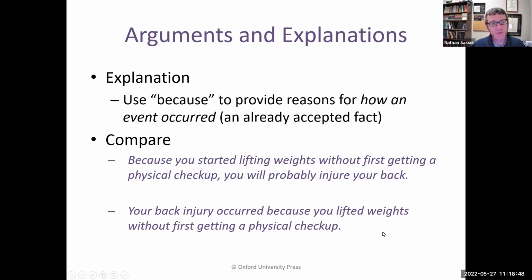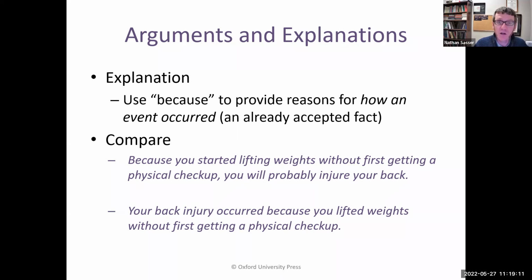Now look at the second example. Your back injury occurred because you lifted weights without first getting a physical checkup. So here it's X because Y. Now ask a question about the X statement. Your back injury occurred because. Is it taken for granted that the back injury occurred? Yes, it is.